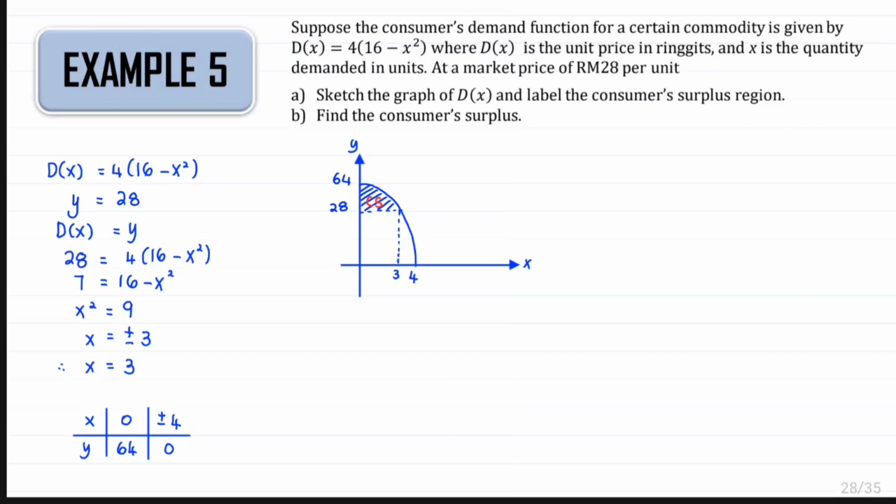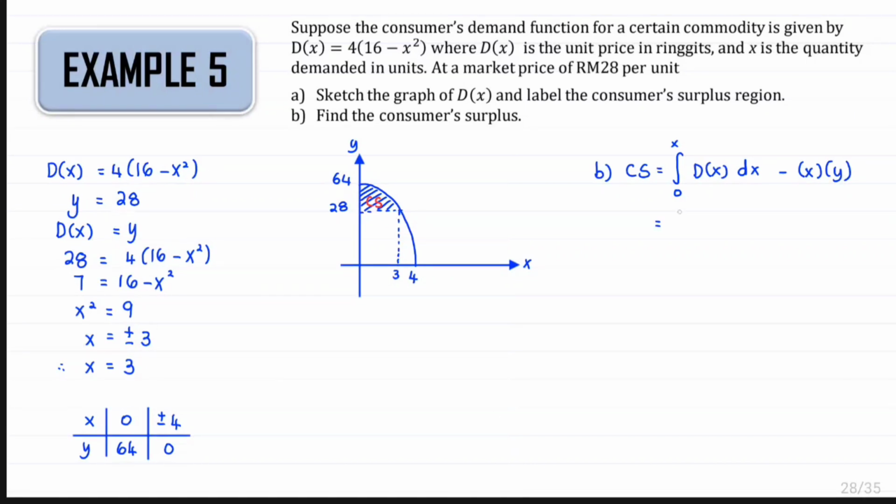Question B, we want to find the consumer surplus. Okay, the formula for consumer surplus: CS equals integrate from 0 to x the demand function, and then minus the point x, y.